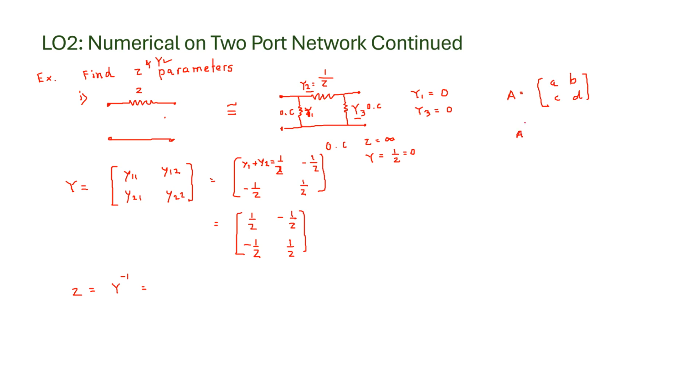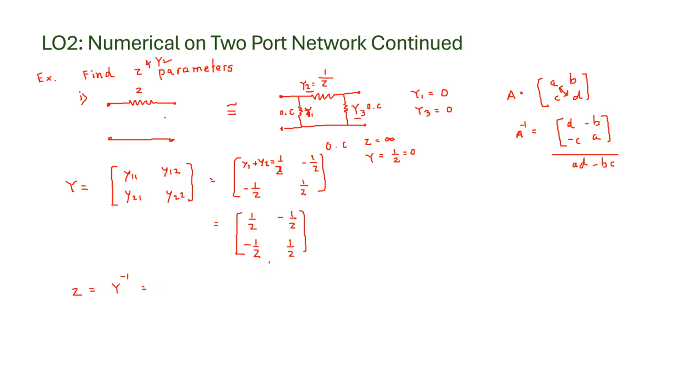To find the inverse, in the numerator we take the transpose of the cofactor matrix, which means interchanging the principal diagonal elements, so d and a, and putting a negative sign on the off-diagonal elements. This is divided by the determinant of the matrix, which is ad minus bc. Using the same approach, I will find the inverse of this matrix.